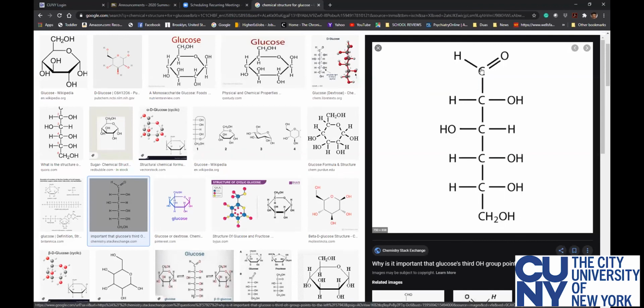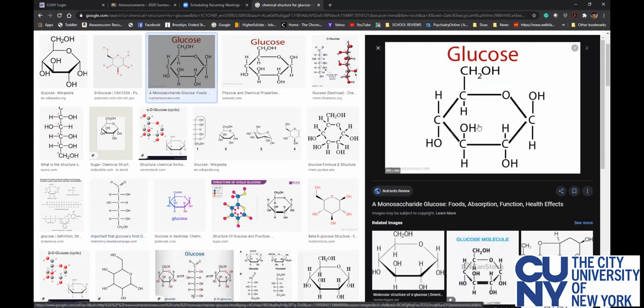Sometimes glucose is written as a linear molecule, and sometimes it is represented in a cyclical fashion. You don't need to remember the structure of glucose.